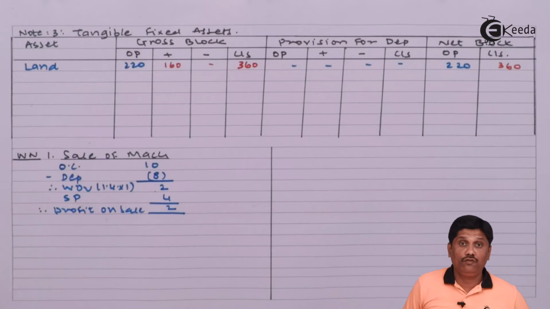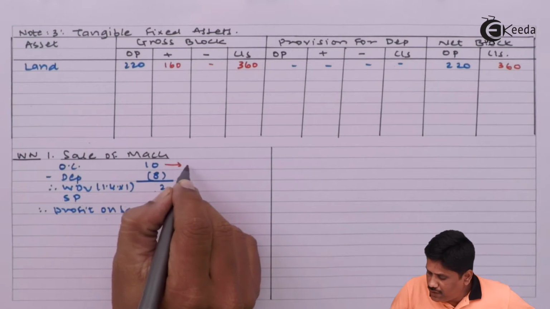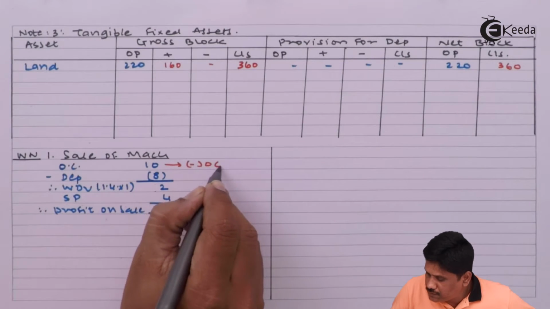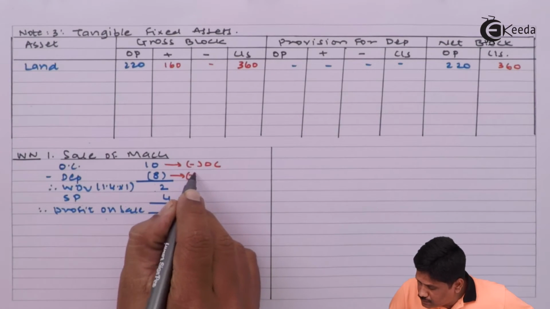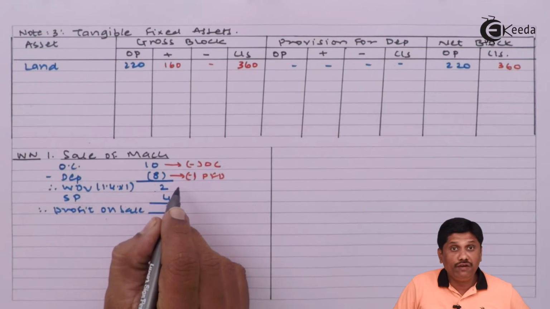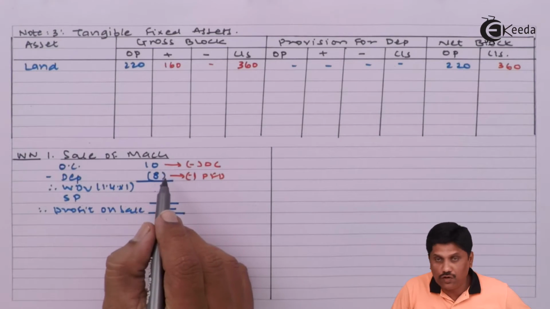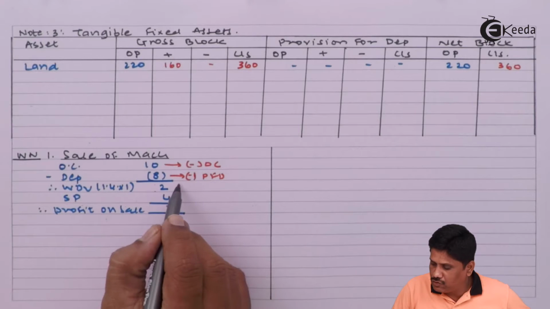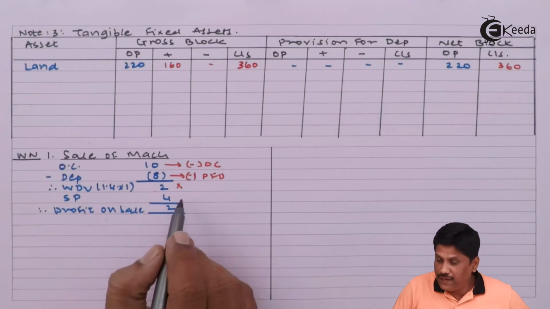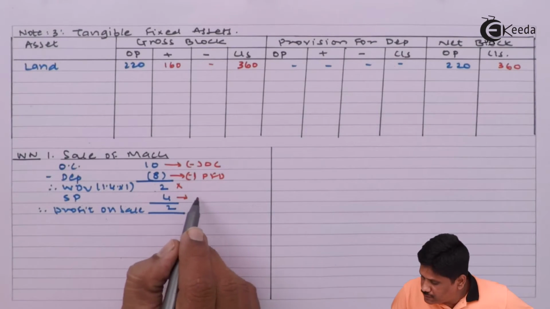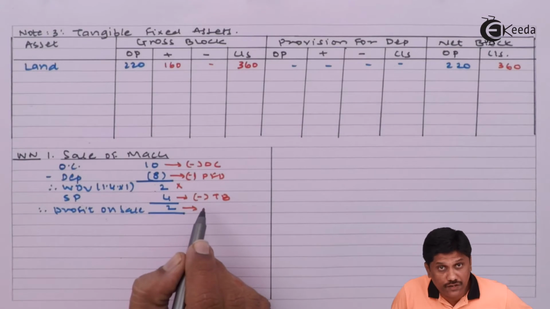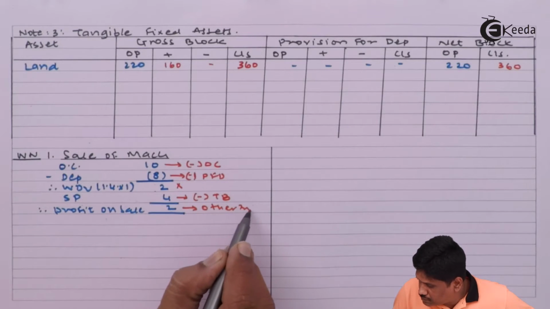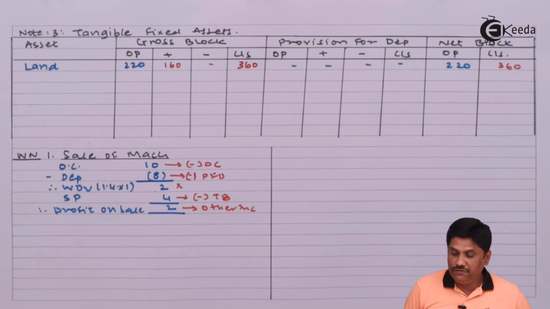There is a profit on sale of 2,000. How to give effect to that? Original cost I will reduce from original cost. Depreciation I will minus from PFD. WDV I need not count because when original cost and PFD are considered, I have also considered my WDV. Selling price will be cancelled from the trial balance, and profit we will take in the PL account as your other income. In this way we need to give the effect of the machinery.